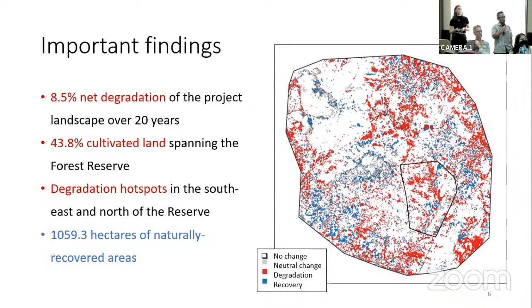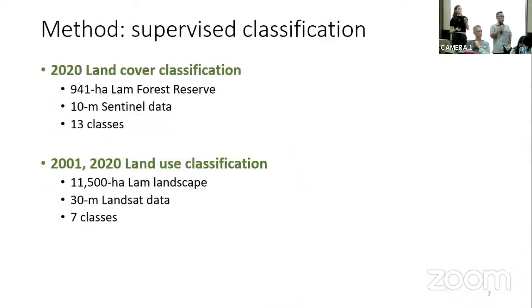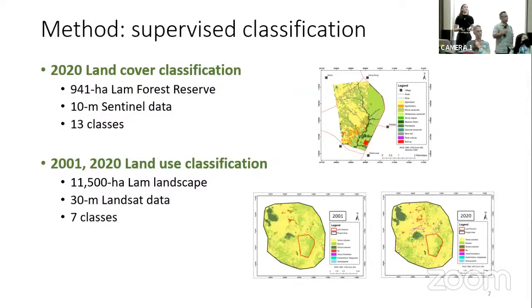Dan 1059 ini masih tertutup sebagai hutan ya, warnanya masih hutan. Nah, ini mungkin perubahannya seperti ini gitu. Yang degradasi yang warna merah gitu ya, dan ternyata ada recovery gitu yang warnanya biru gitu ya, dan tidak ada perubahan gitu yang warnanya putih. Oke, next.